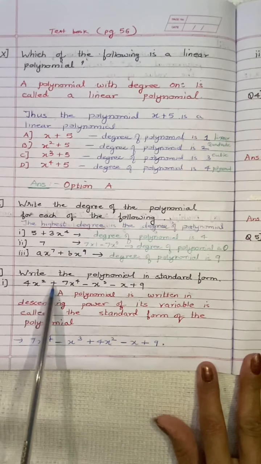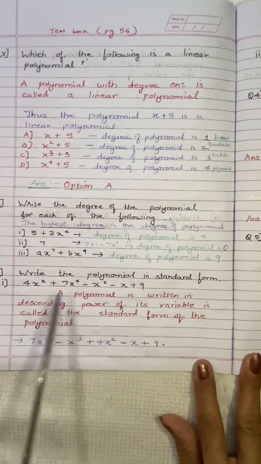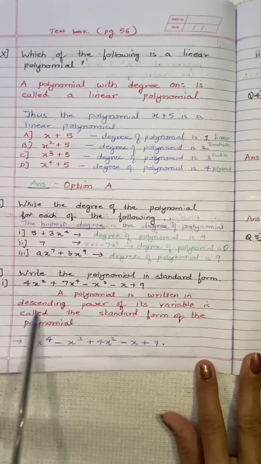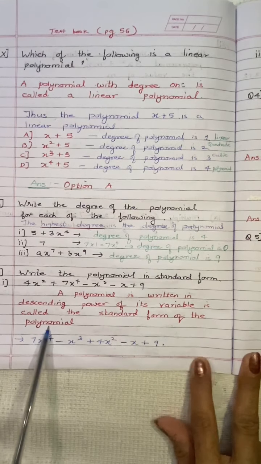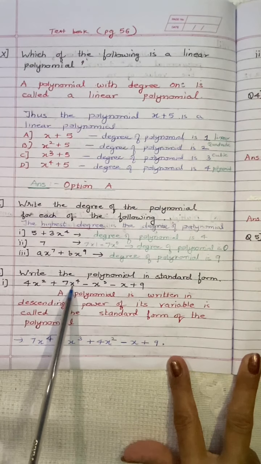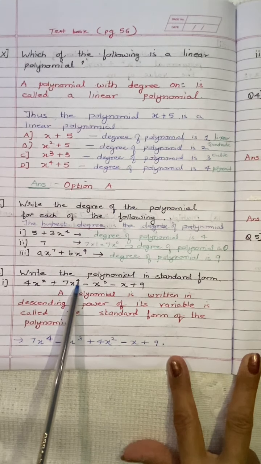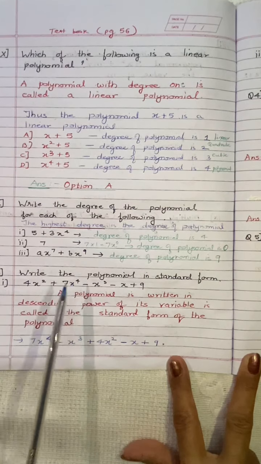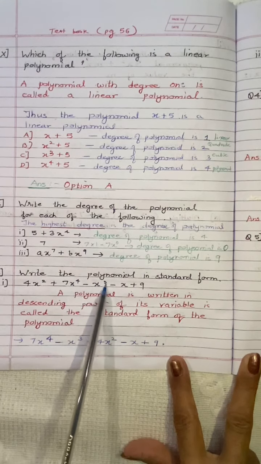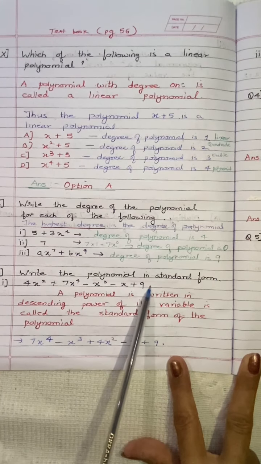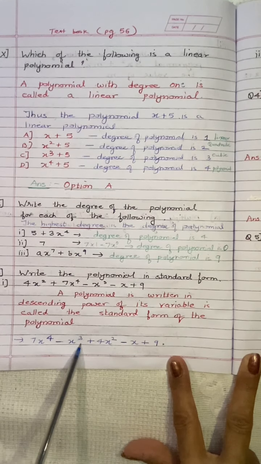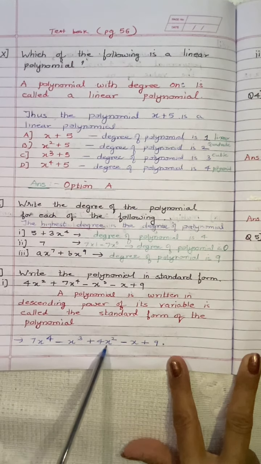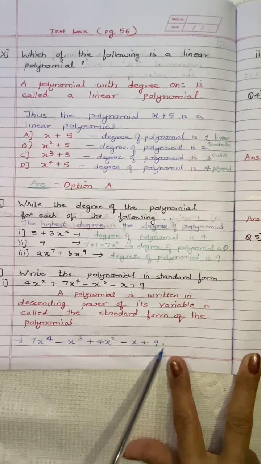Question 3: write the polynomial in standard form. If you look, a polynomial written in descending order of the powers of its variable is called the standard form of the polynomial. So here 4, 3, 2, 1 and then 9 the constant: 7x raised to 4 plus x cube plus 4x square minus x plus 9.